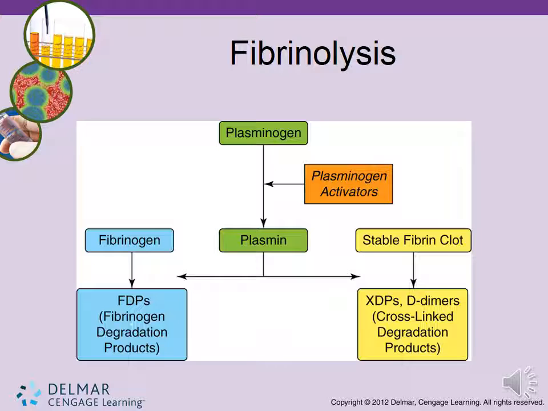It has a high specificity for fibrin and a particular ability to dissolve our fibrin clots. Once that clot dissolves, the resulting products are fibrin degradation products, the fragments of fibrinogen, or FDPs, and D-dimers, which are cross-linked degradation products.